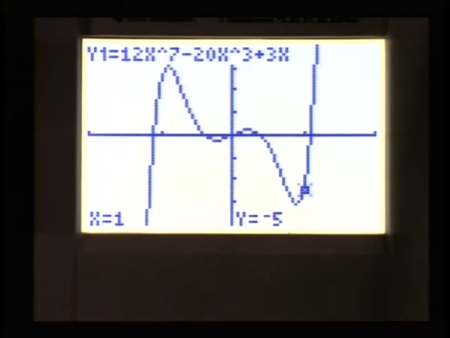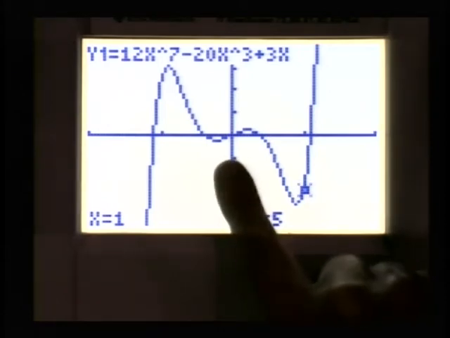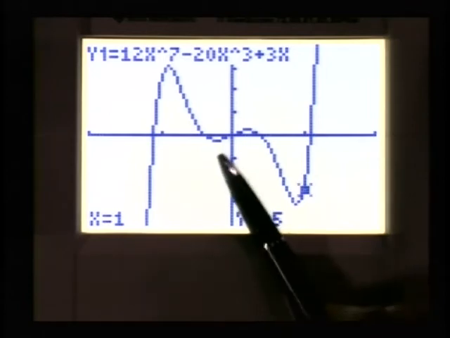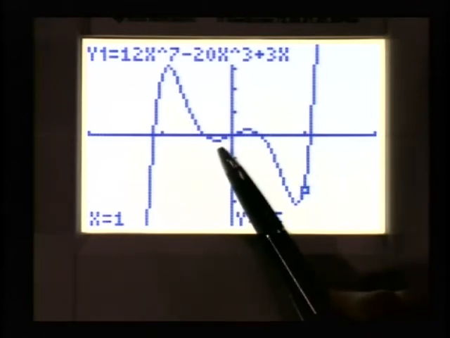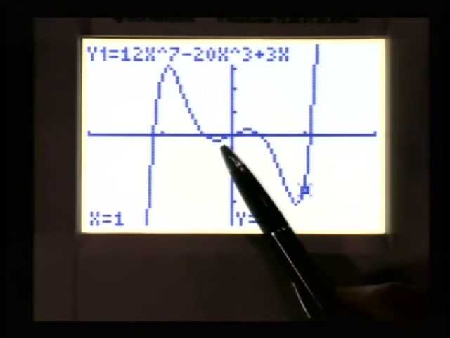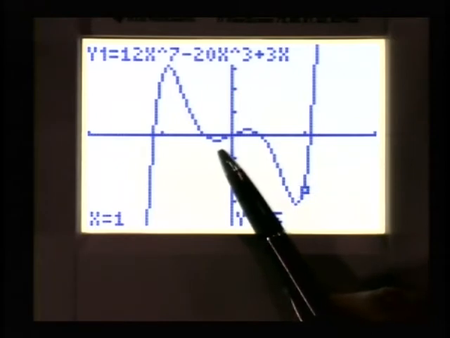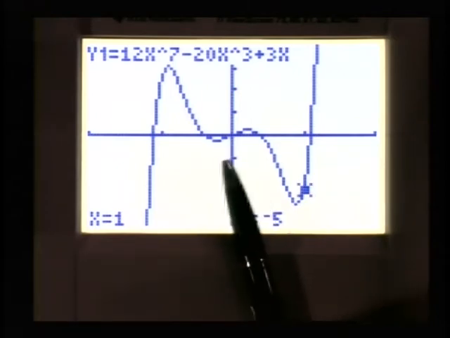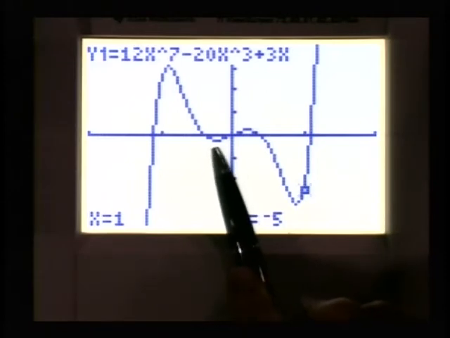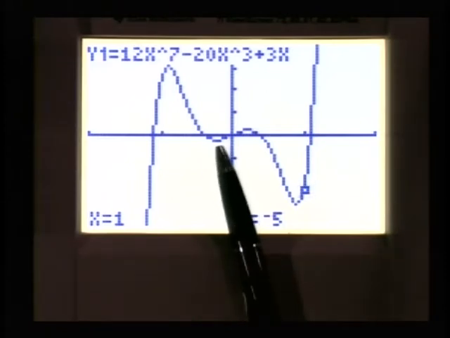Let's do a minimum. I'm only going to have time today to do one of them. Let's do this one right here. Now some of you already know how to do this, but in the interest of having this on the DVD for recording, I'm going to go ahead and illustrate this for those watching the DVD. So what we want to do is have the calculator home in on this minimum. The way we do that is on the trace key of the TI calculator.